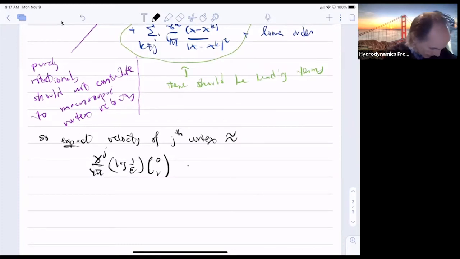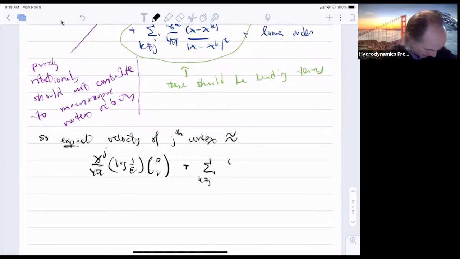And this, if you like, is the self-induction of the vortex. This is what we see when there's only one vortex, that it just moves in the vertical direction with a velocity that depends linearly on its vorticity, gamma. And then the other part will be the interaction with other vortices.